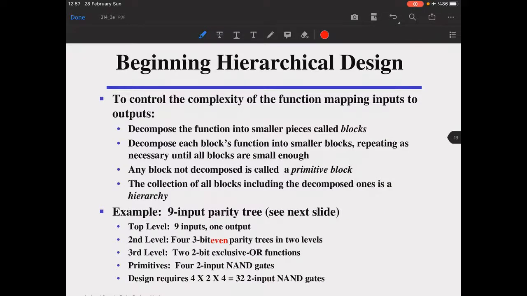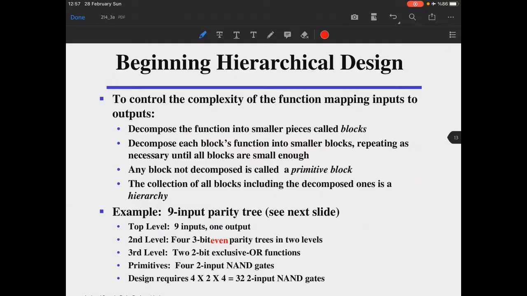We will see this. And let's say a few words about the hierarchical design. Why are we doing this? We're trying to control the complexity of the function where you try to map the inputs to outputs. What we do here is decompose the function into smaller pieces called blocks. Like Lego parts that you can use in other parts of the circuit as well.